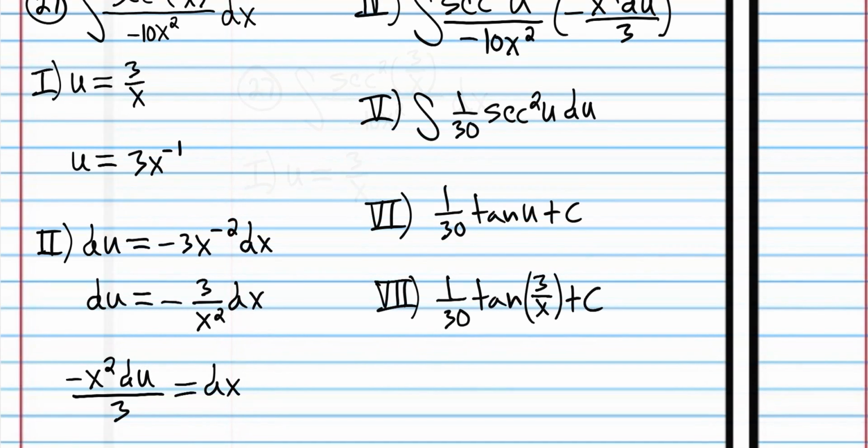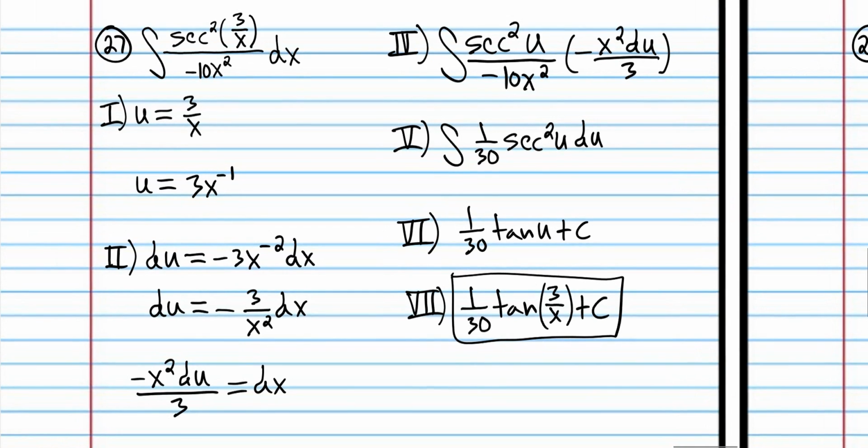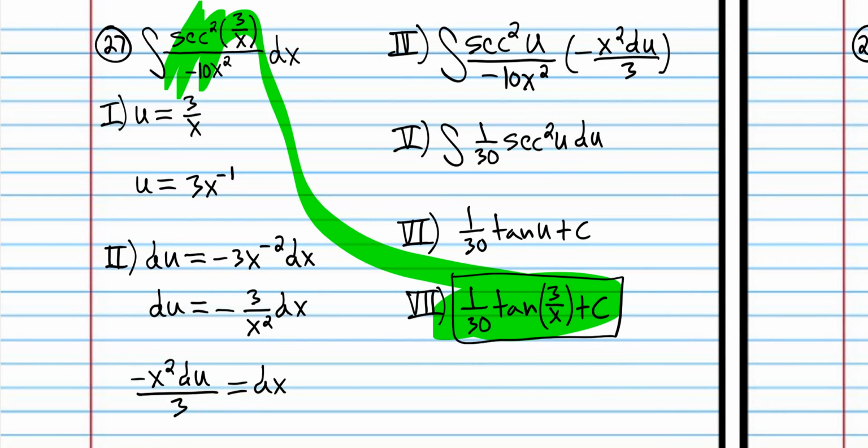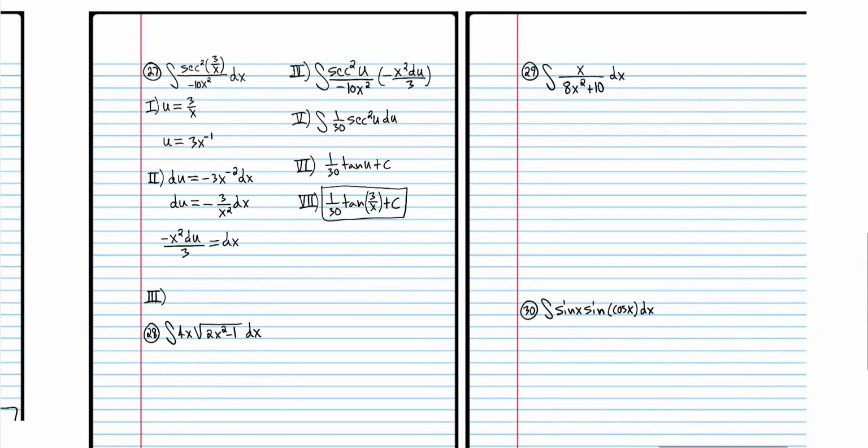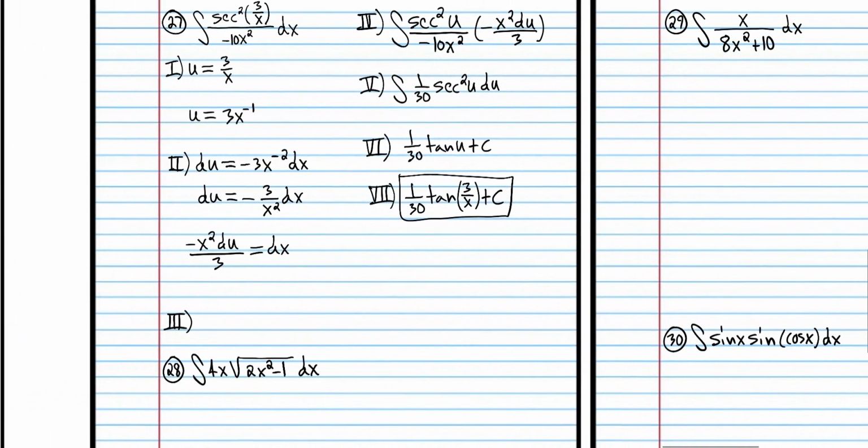Okay, we're back. So if you got that right, excellent. Again, if you find the derivative of this expression, you should get back to this expression here. You can verify that using the chain rule. Okay. Go ahead and try number 28.